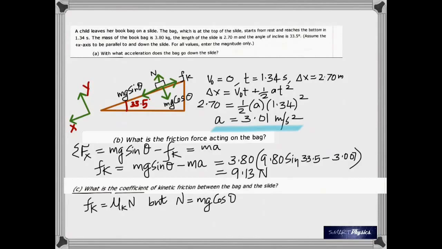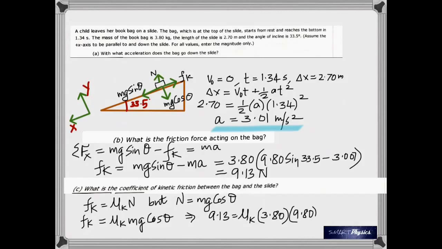So when you substitute Fk is equal to mu k times mg cos theta, and Fk is 9.13 Newton, that's equal to mu k times 3.80 times 9.80 times cos 33.5.